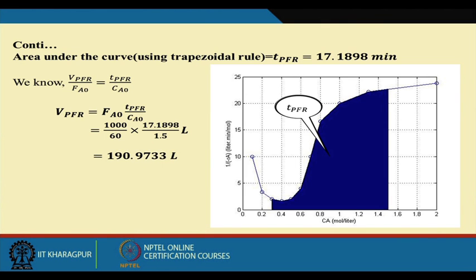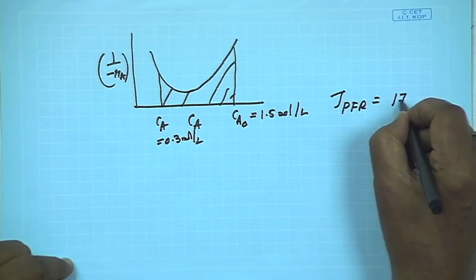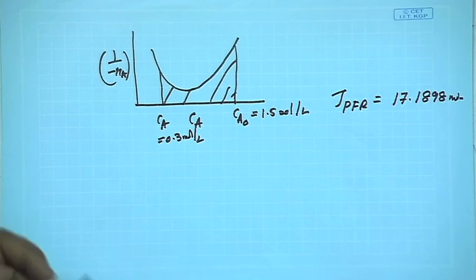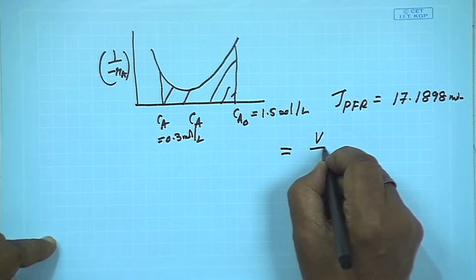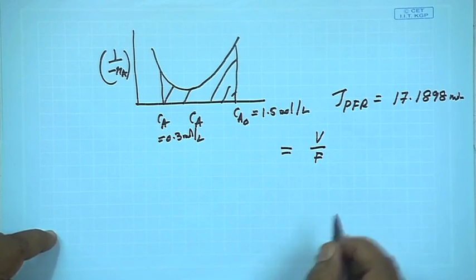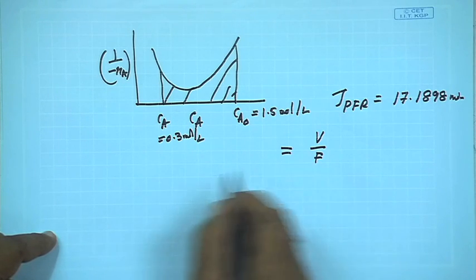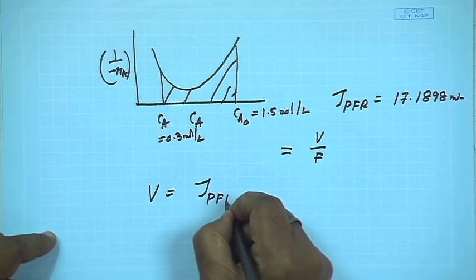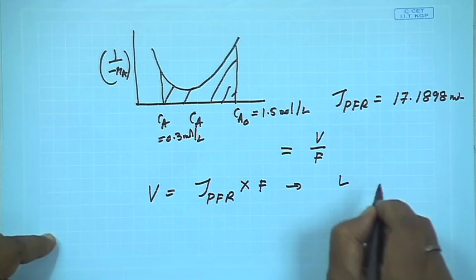And here it has been determined, and tau plug flow reactor is found to be about 17.1898 minutes. Now we have already seen that this is equal to V by F, and I have already shown you how we can calculate F. So if you find out the value of F, V will be tau plug flow reactor into F. So you can find out in liters.